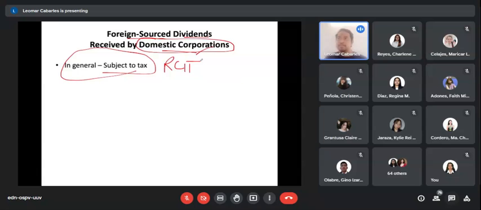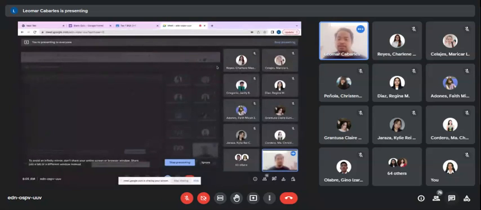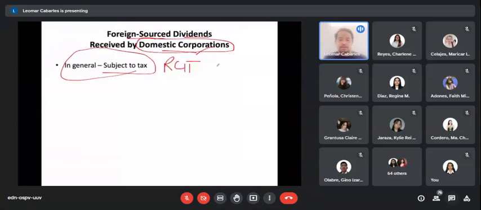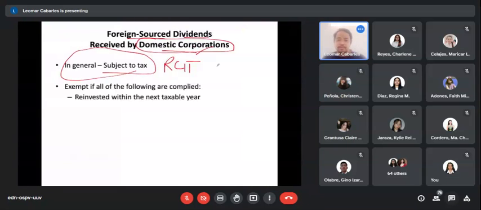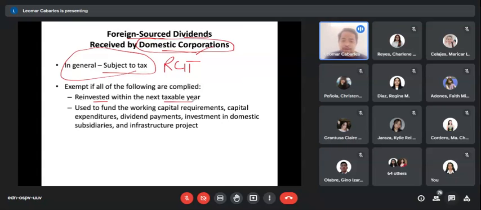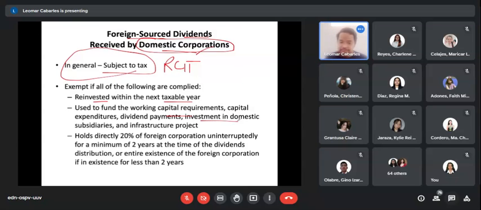Okay? Yung exempt na intercorporate, if it is coming from another domestic corporation. The conditions are the following. If it is for reinvestment within the next taxable year, used to fund working capital requirements, capital expenditures, dividends, investment in another domestic subsidiaries, and even infrastructure project.